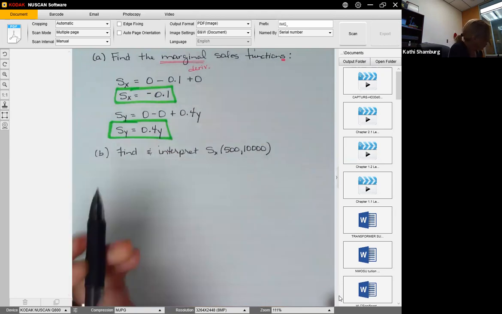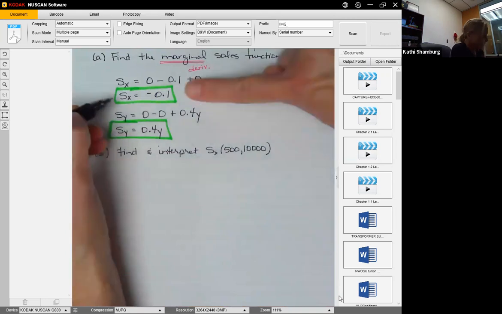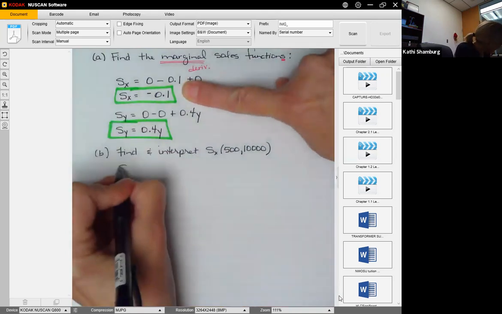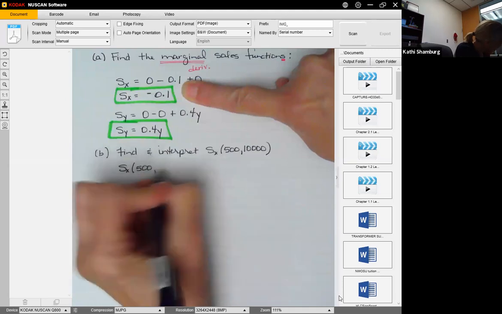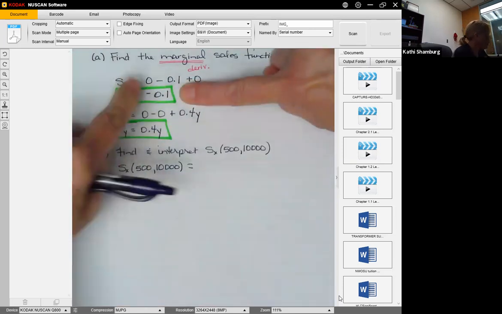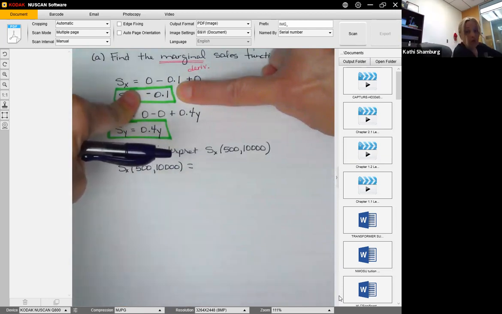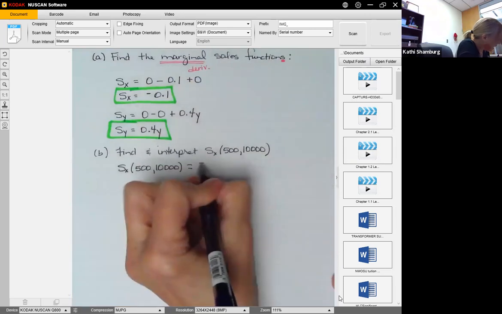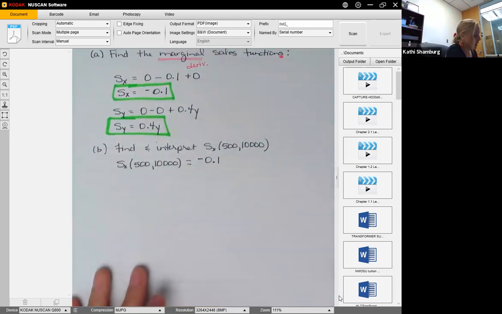So S sub x, I'm going to take this function right here, and anywhere there's an x, I will put 500, and anywhere there's a y, I'm going to put 10,000. Well, I look at this and there isn't an x, there isn't a y. So in essence, we don't have to substitute anything in. It's just going to be negative 0.1. Nothing to substitute in.